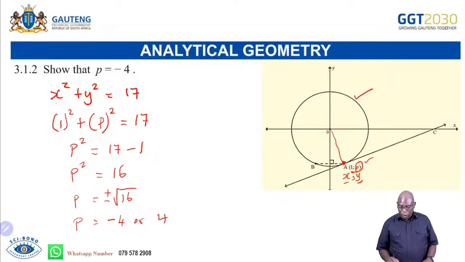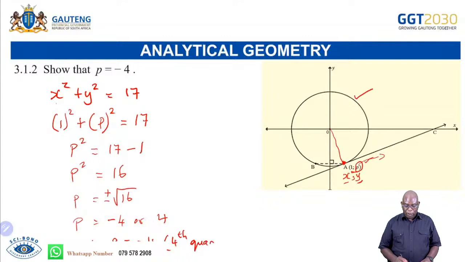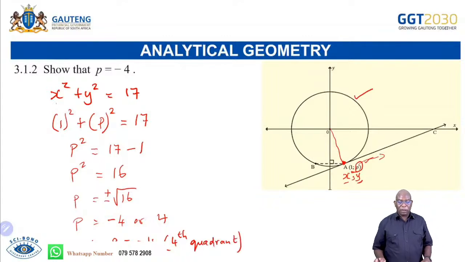But what do I know about the P in the fourth quadrant? The P in the fourth quadrant is negative. So therefore, my P will be equal to -4. This is in the fourth quadrant. I know that in the fourth quadrant, the Y value is going to be negative. That is why my P will be -4.